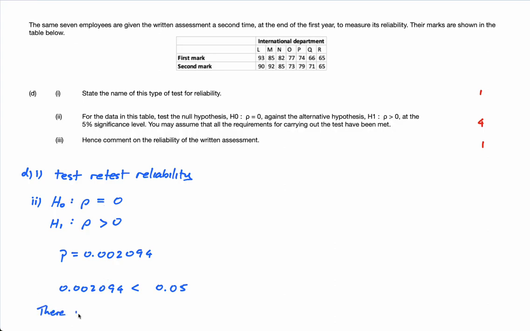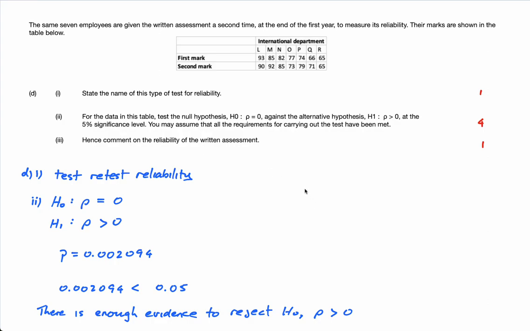There is enough evidence to reject H0. Rho is greater than 0, which means there is correlation between the first test and the second test.